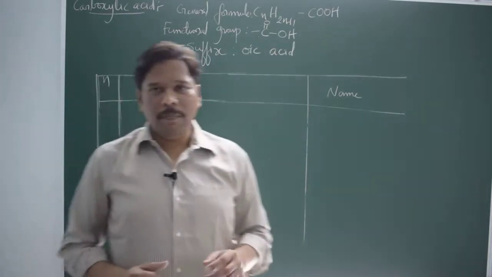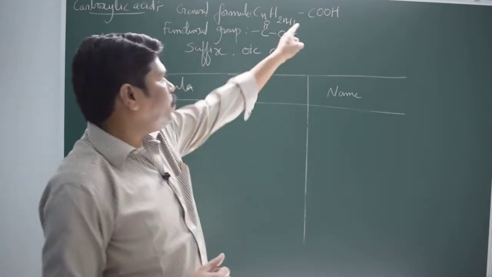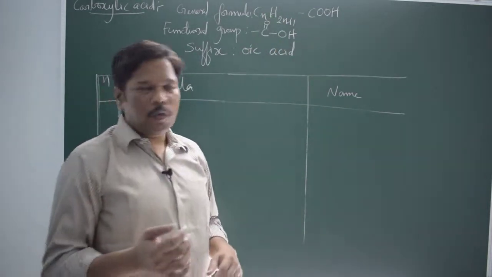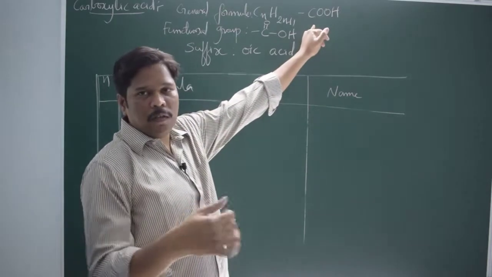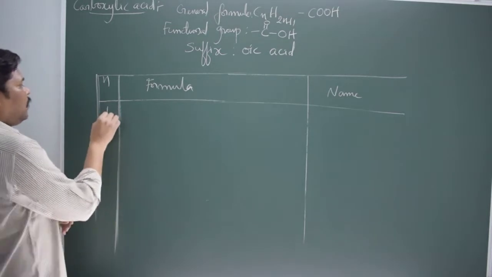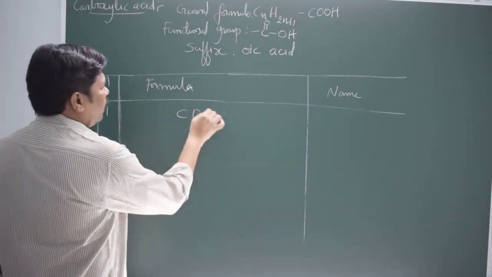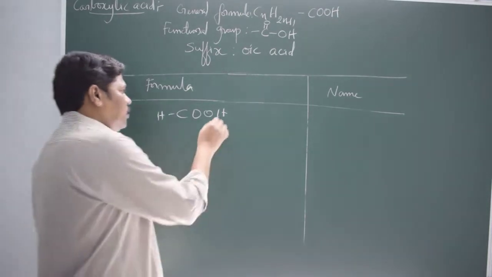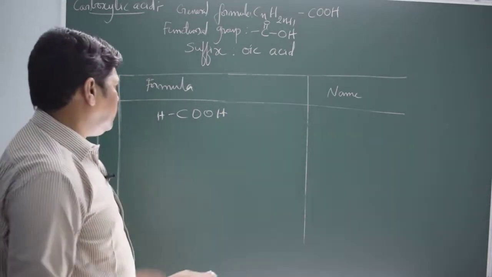Then one more important thing is, this group contains 1 carbon atom. So you don't directly join the methyl group to this. We have to include this carbon atom also while counting, that is nomenclature. The first with 1 carbon atom is HCOOH.